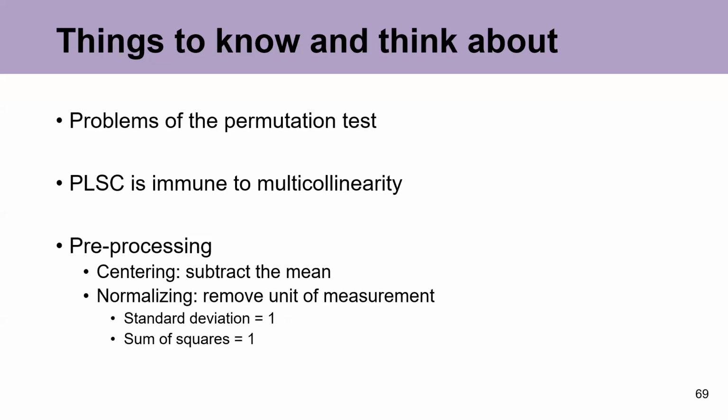I usually go with sum of squares equals 1, so that each contributes 1 variance, or not if the units are the same. So you're subtracting the mean, and with that step, you're saying, okay, I'm putting everyone onto the same level as the mean, and I'm looking at the pattern with respect to the mean. But you only do this when the mean is what you want to compare everyone's data against.